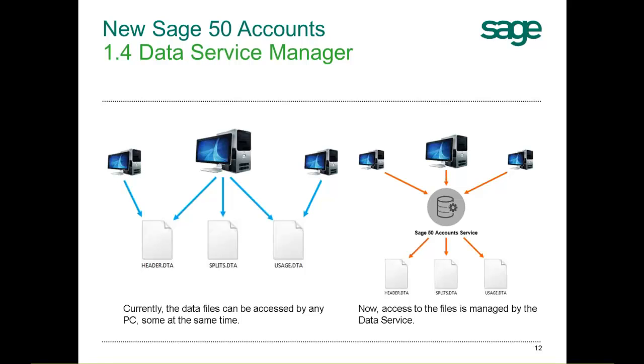A reason for this change is that it reduces data corruption and loss of data, because the server will queue all the information that needs to be entered into the header.dta files or the ACT data files, and if connection is lost, they will be there waiting to be rewritten.